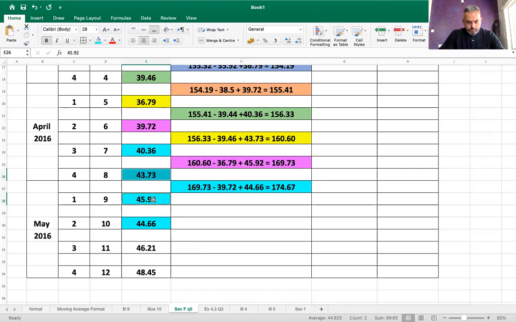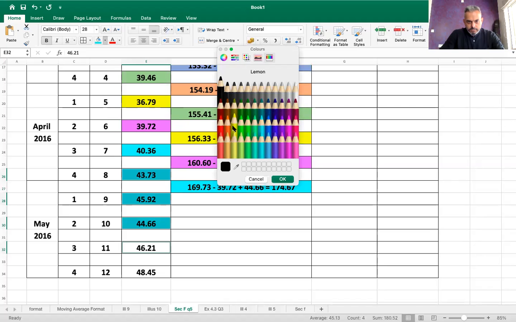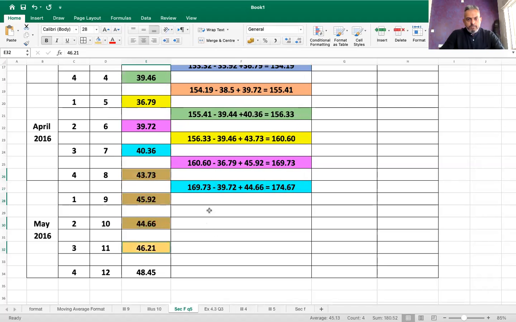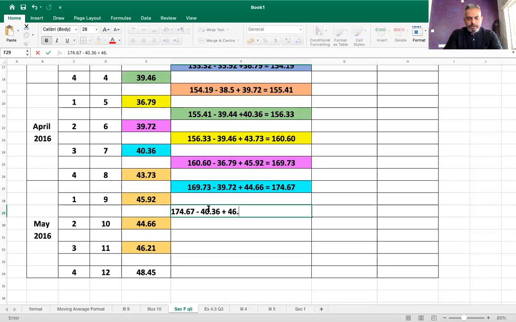Next, 174.67 minus 40.36 plus 46.21, which is 180.52.